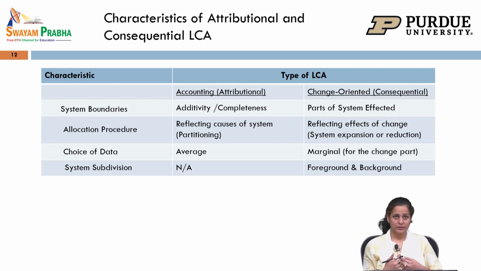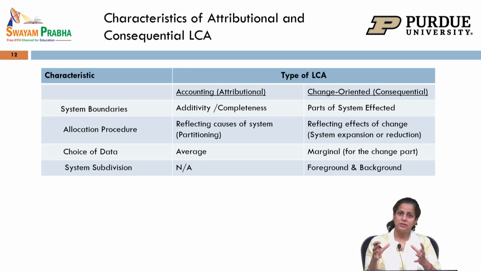There is another thing which is the allocation process. We will go through allocation next in a few minutes, but the allocation process is reflecting causes of change or partitioning, which is basically saying what part of my system that is included is contributing to the manufacturing of that particular product. And in the case of consequential LCA, we are reflecting effects of change.